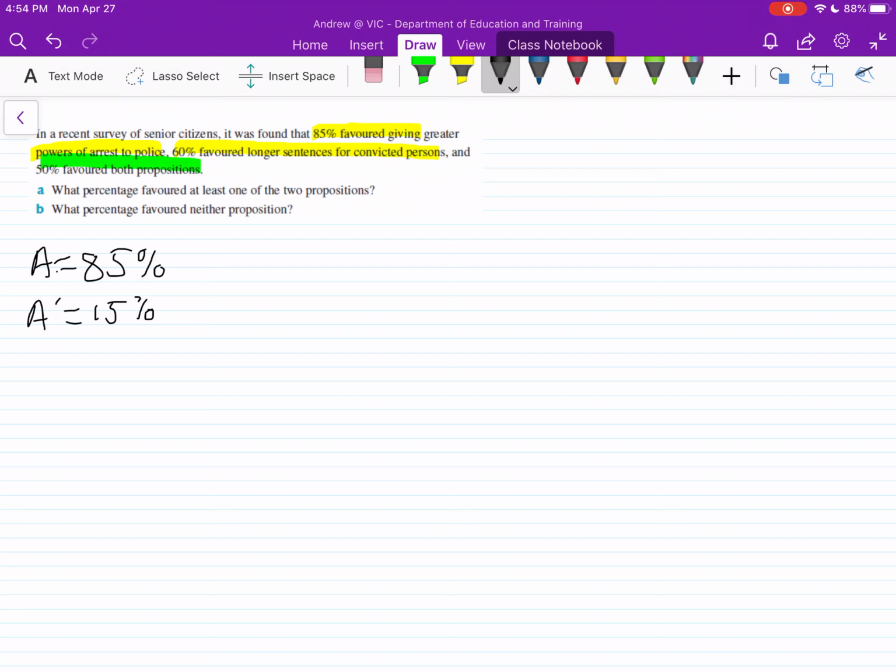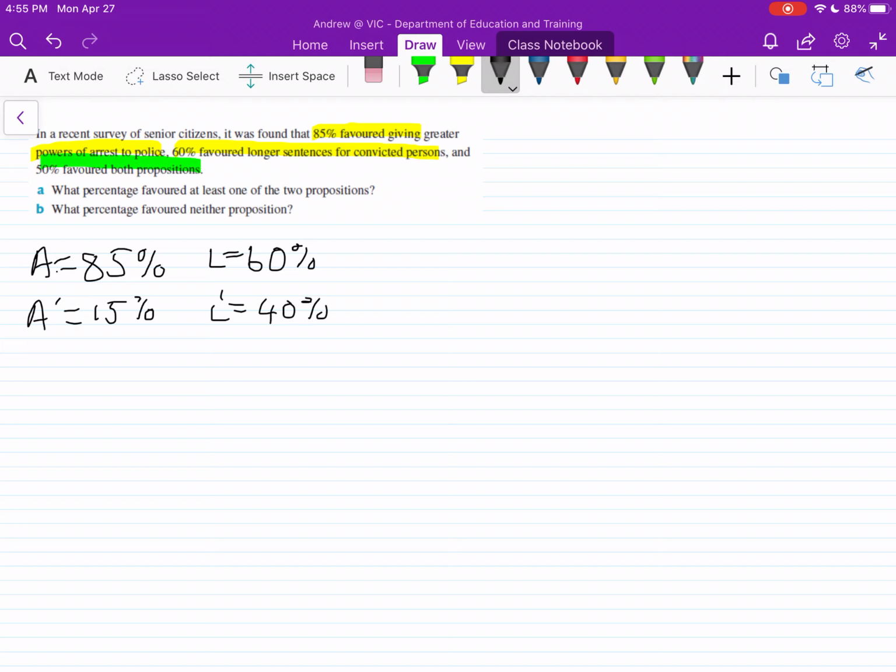Next, we have 60% favoured longer sentences. So, longer sentences, 60% did. That means that 40% didn't. Okay? Just remember that little apostrophe means not.